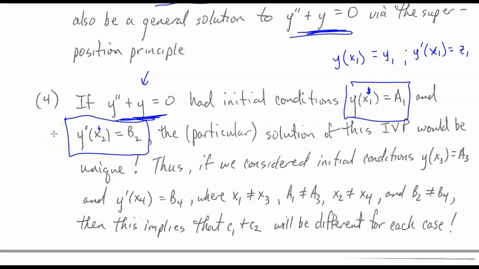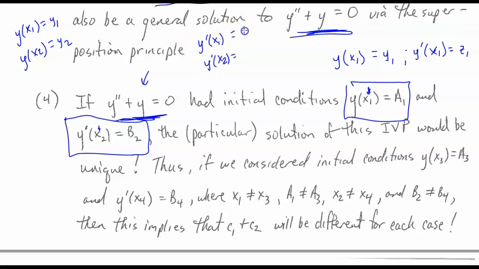Now, in some of the extreme cases, it really just depends upon what you know. You could also have instances where, let's say, Y of X1 is equal to Y1, and Y of X2 is equal to Y2. So my point here is that we could just have information about the original function and nothing about the derivative and be able to find those initial conditions, okay? Or we could have instances where we just have information about the derivative in two different places, okay?